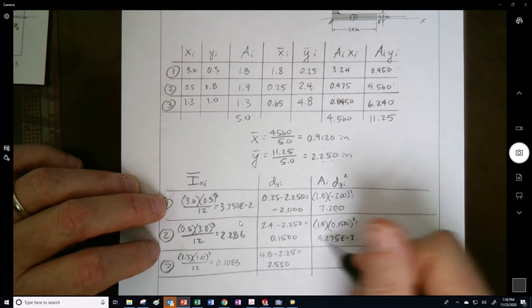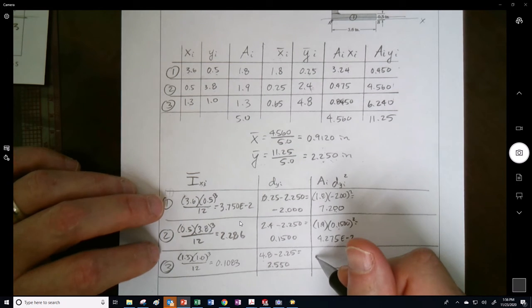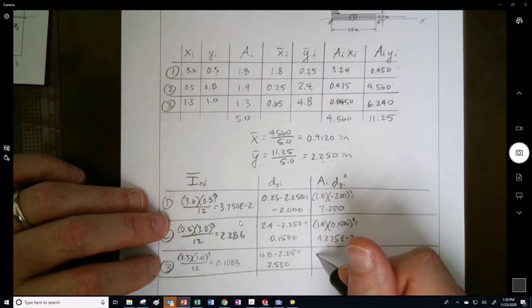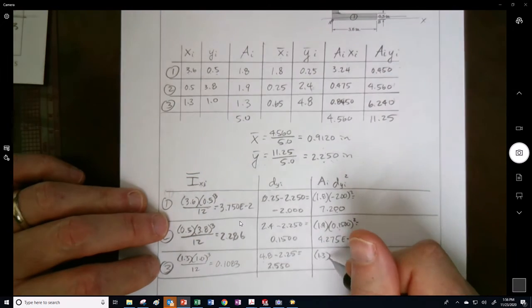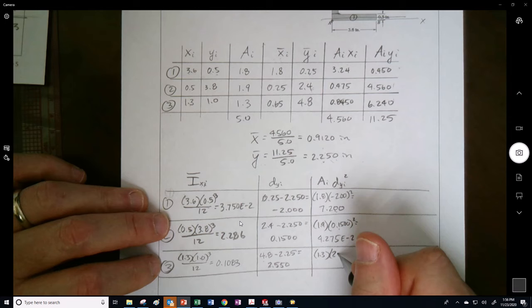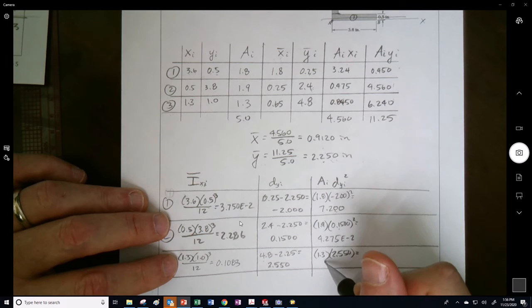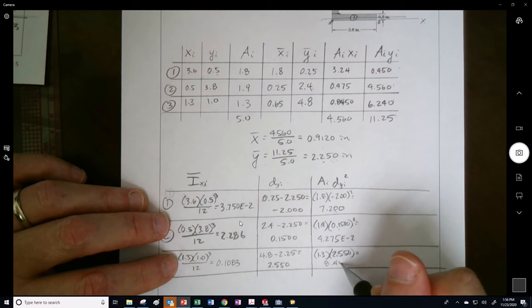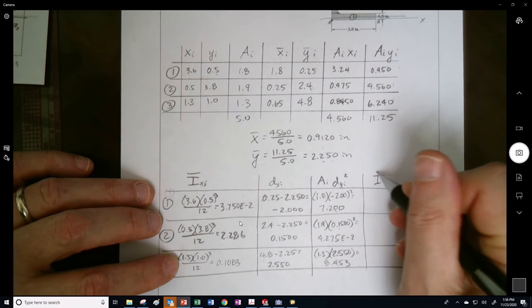So it didn't really do much by moving it because it wasn't moving very far. And then we're left with 1.3 from right here times 2.55. We can expect this to be a relatively substantial number, 8.453.